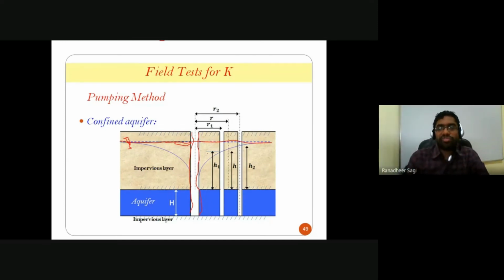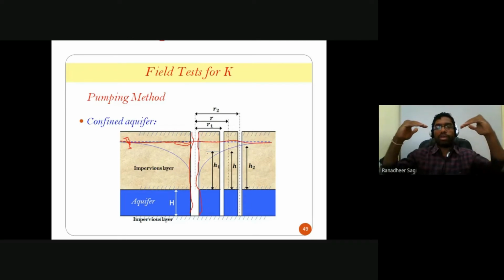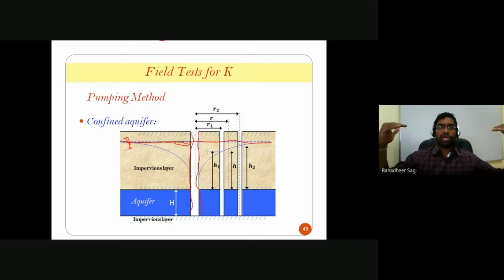In the process, what is going to happen with regard to the water table position? Initially the water table was like this, but later what you could see is a drawdown in the water table position. Why is the drawdown happening? Because the water is continuously being removed out of that borehole. I made the borehole, water got collected, and I am pumping out that water from the borehole.